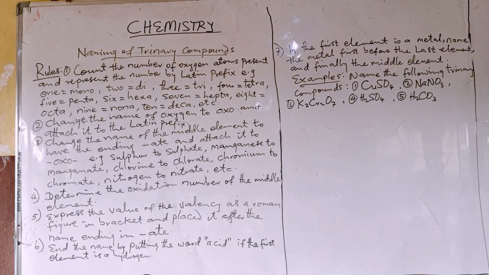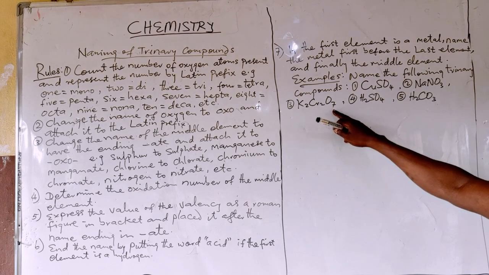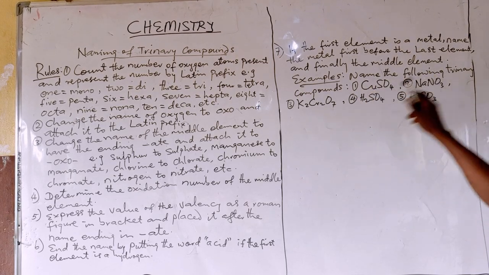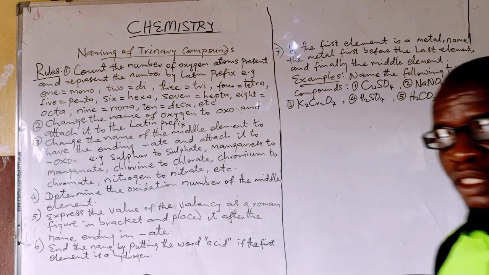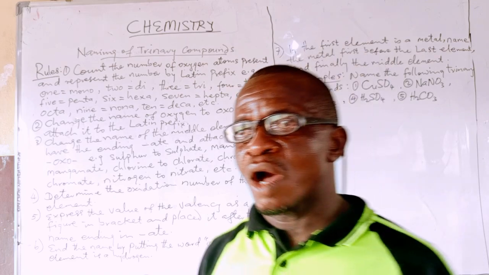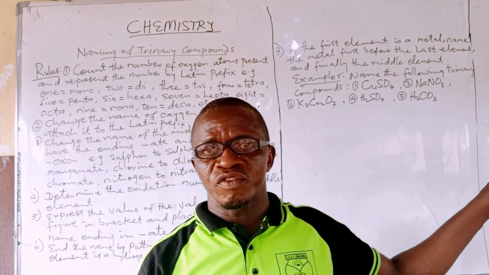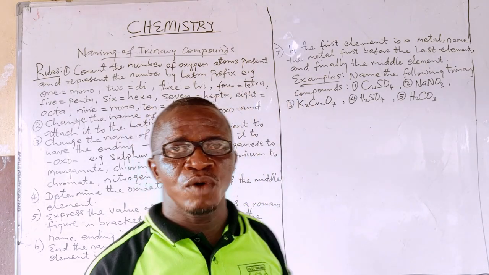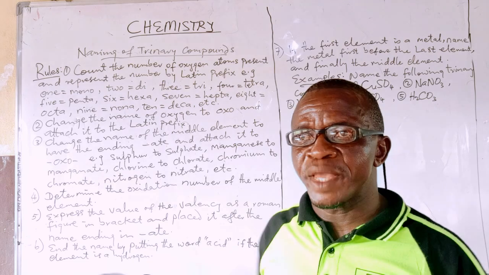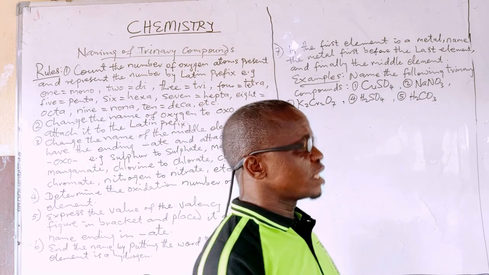So in naming those set of compounds, mention the metal's name first before you jump to the last one and come back to the middle element. Now we are going to see how we can bring that into the naming of these compounds. By the time we finish this, don't mind how many the rules are. By the time we do 2, 3 examples, you will be okay with the system.